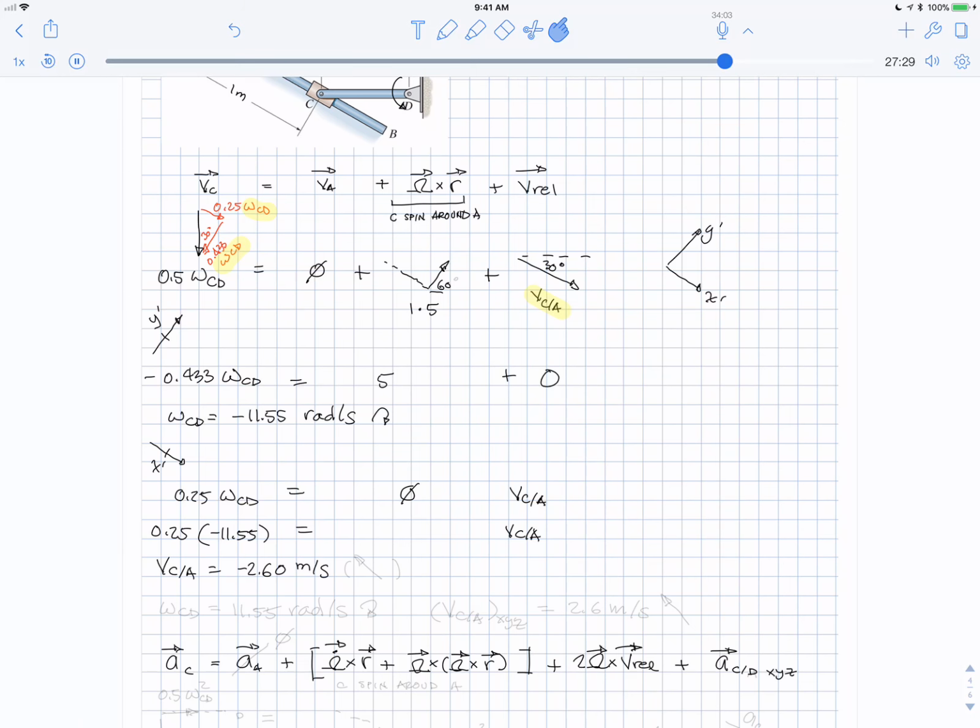So again, I guessed wrong. I guessed going downhill, so this is actually going uphill.